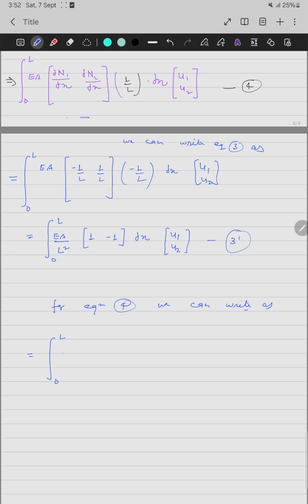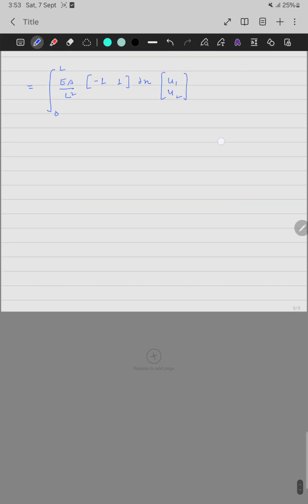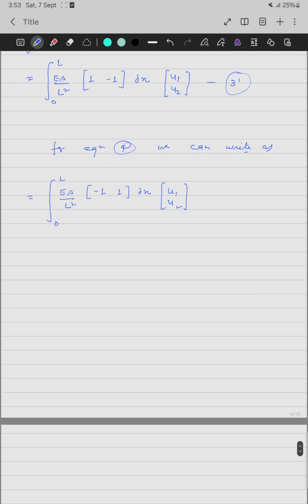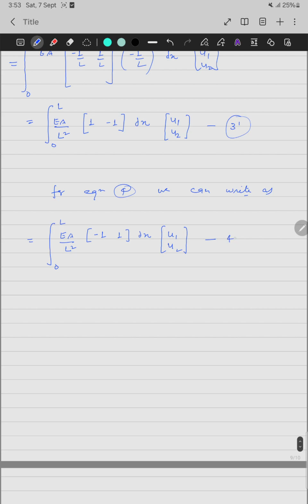It will be 0 to L, it will be EA, and after putting del n1 by del x, del n2 by del x, we'll get it as EA by L square, and inside that we'll get minus 1, 1, and it will be dx, and outside of the integration we'll get u1 u2. Okay, we'll get u1 and u2. So up to this we have these two equations. Let's suppose this equation is 4 dash.